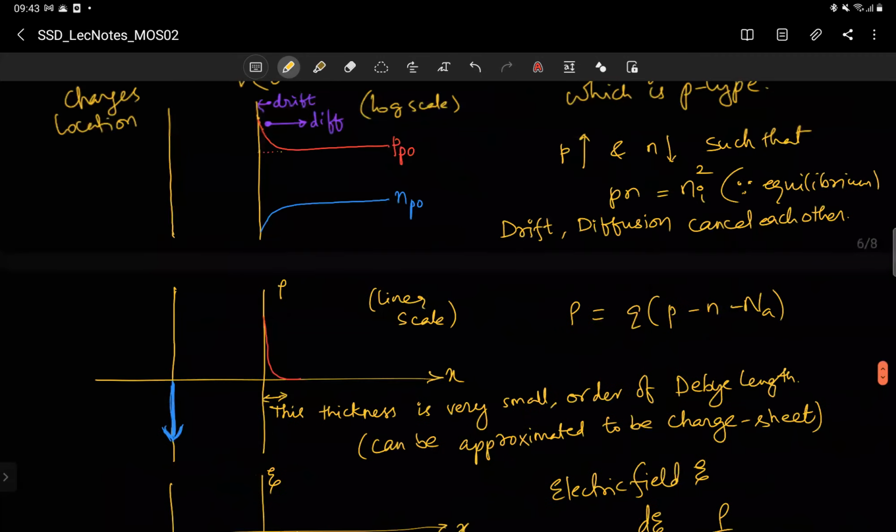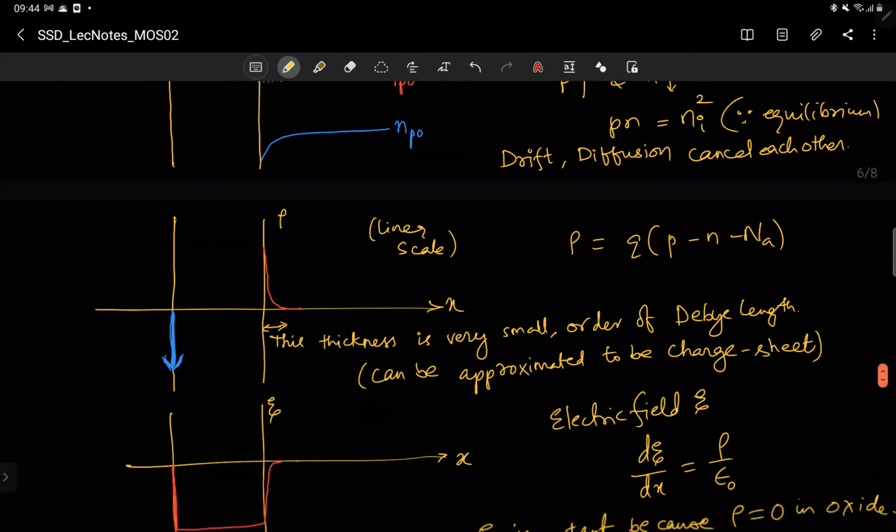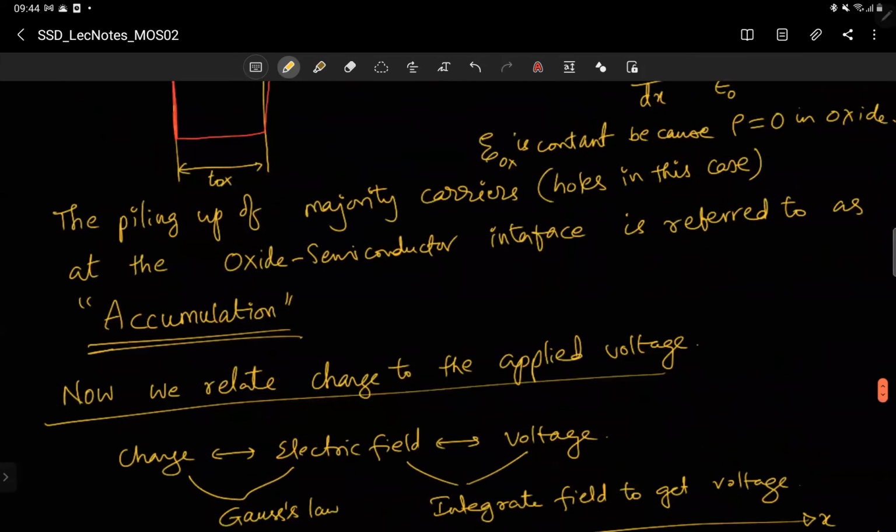You have holes as the majority carrier concentration, and the majority carrier concentration is increasing. So you have added holes, accumulated holes near the surface. That is why this piling up of majority carriers is called accumulation.